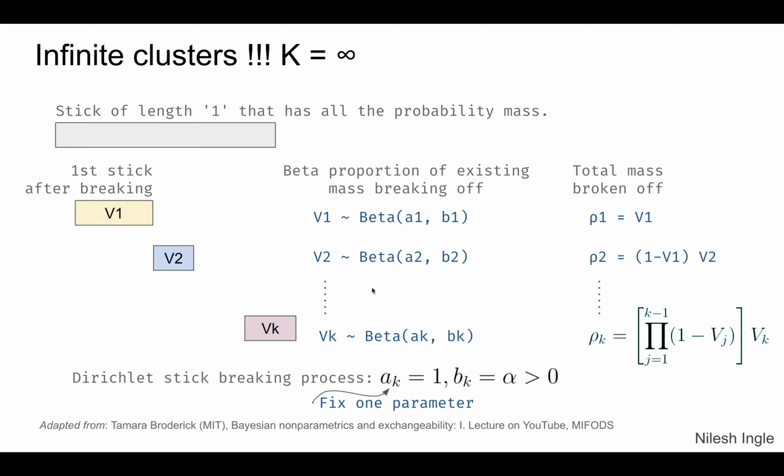So that would be the way. The analogy of breaking the stick continues to be the same. So that's in essence the Dirichlet stick breaking process, where we are fixing one parameter.